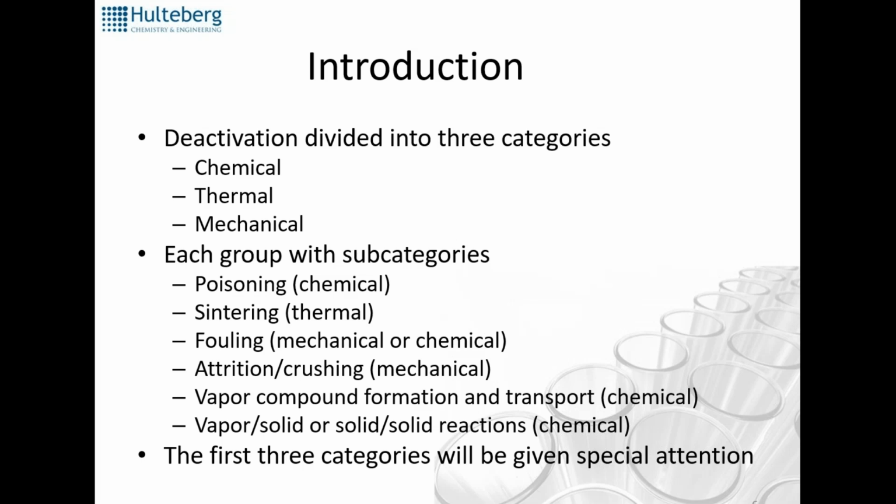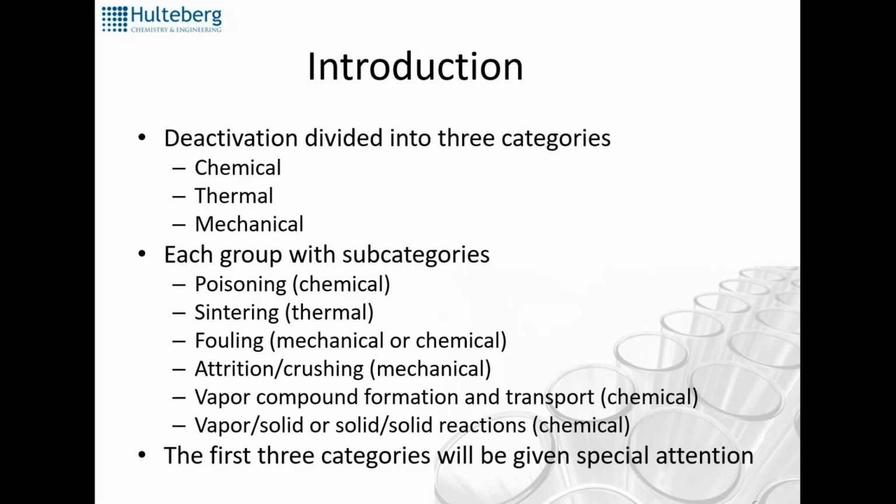So poisoning, for instance, is a chemical mode of deactivation. Sintering is thermal. Fouling can be either mechanical or chemical. Then you have attrition or crushing of the catalyst, which is a purely mechanical deactivation measure. It's quite common, when you switch between hot and cold states, that you get contraction of metal and crushing of the catalyst.